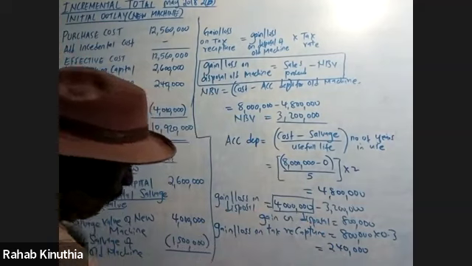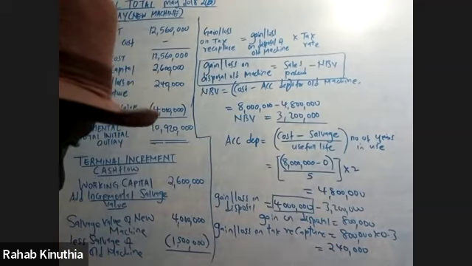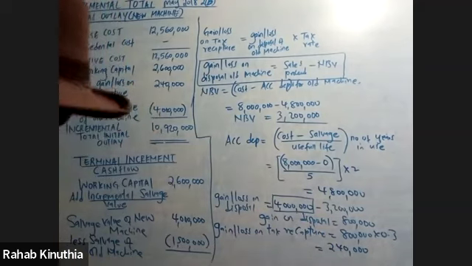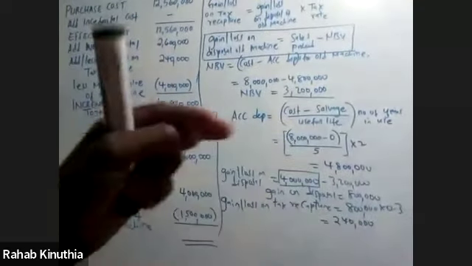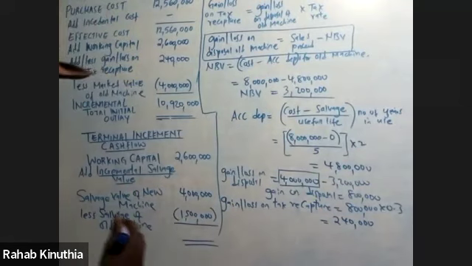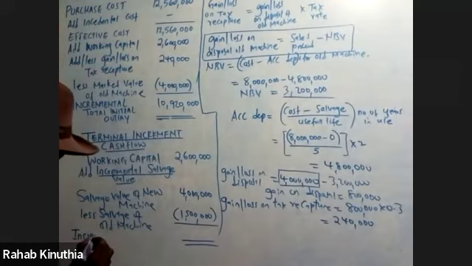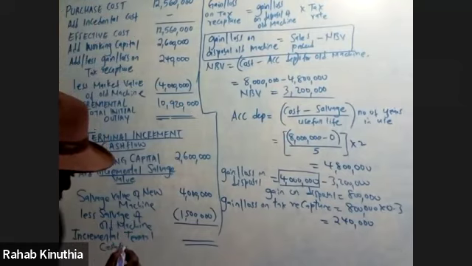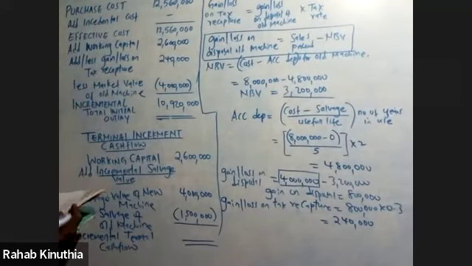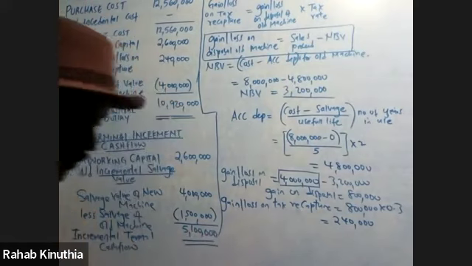So what will be the incremental terminal cash flow? How much is that? 100,000.